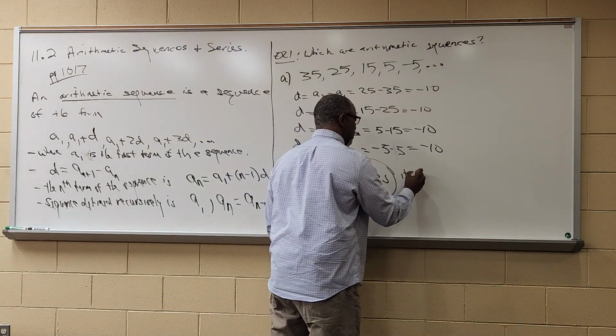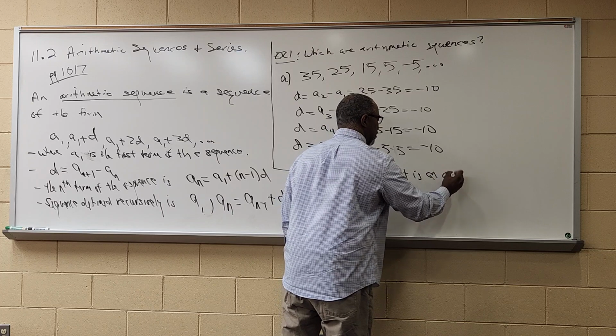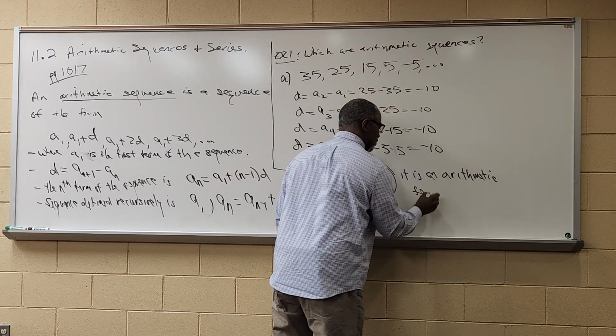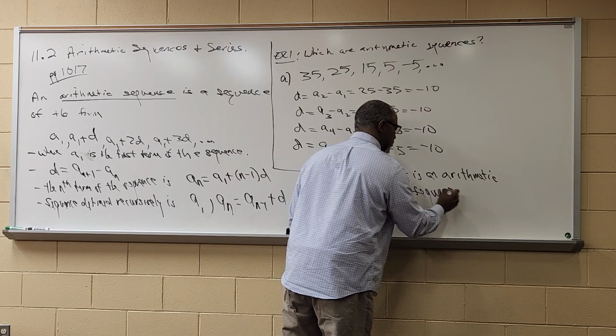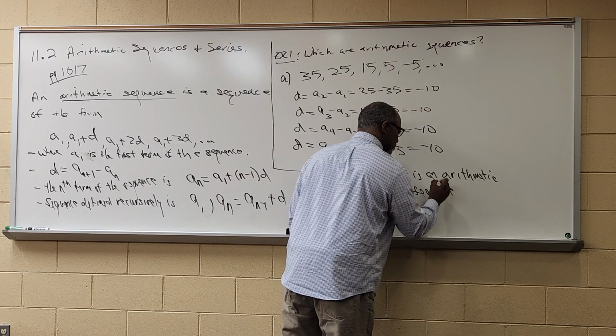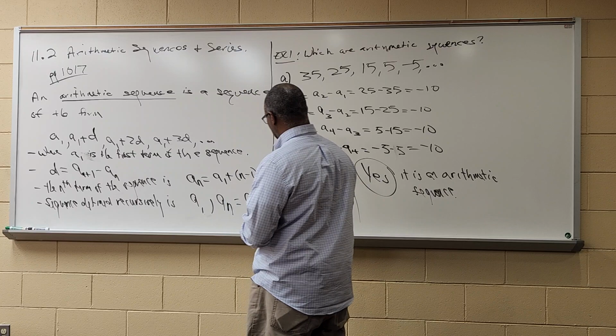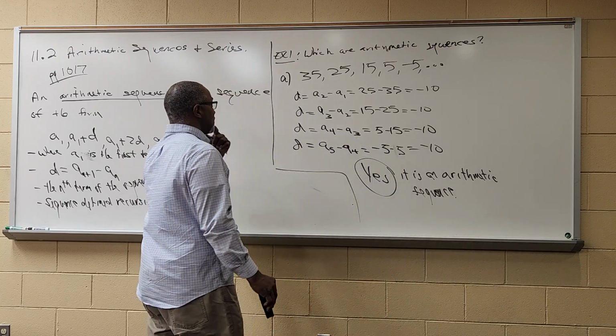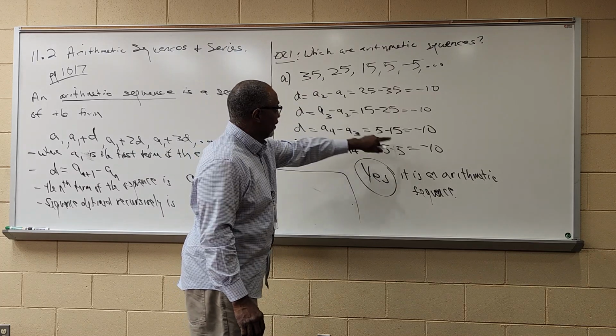Yes, it is an arithmetic sequence. Okay? That would be an example of an arithmetic sequence. The difference between terms, D, was negative 10.